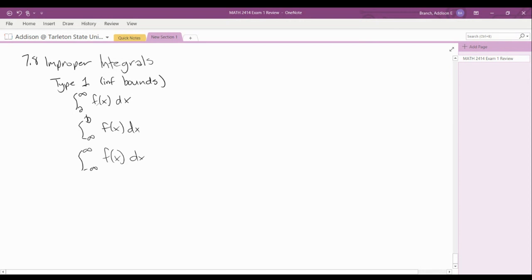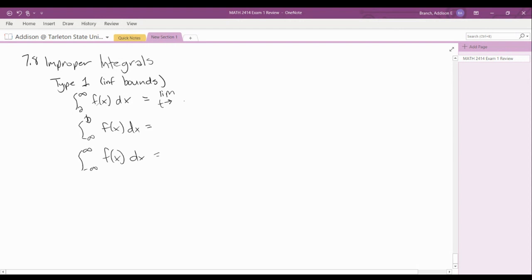Now, here's how we can play with this and make it so we can actually integrate this. Because we can't just plug infinity in, since infinity is not an actual number, it's more of a theory and a concept. We can essentially take the limit and use that to approximate.